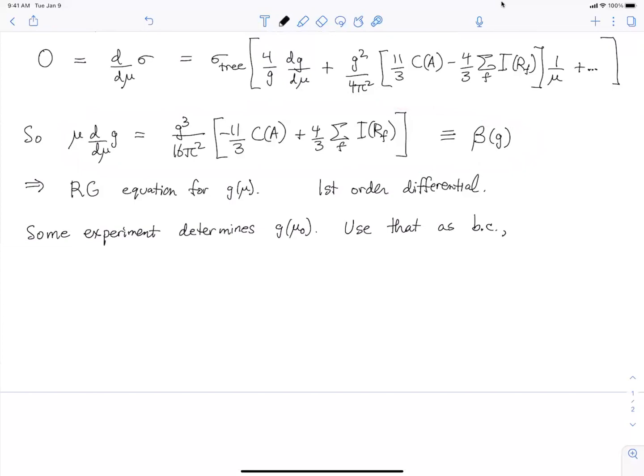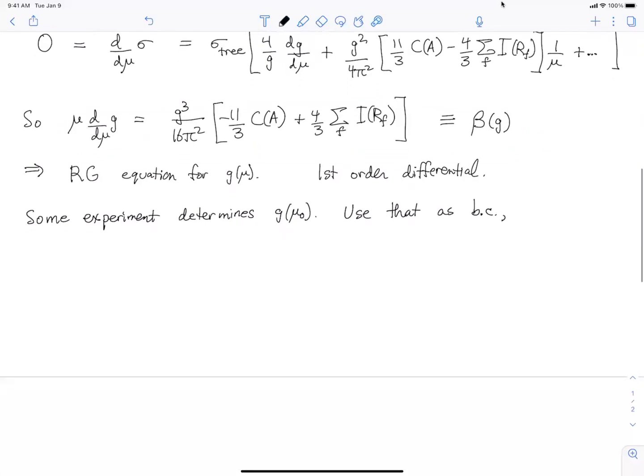So here I wrote down what you get at lowest order in perturbation theory that gives a non-zero answer, but this has been worked out in Yang-Mills theory, I think to 5-loop order, at least 4-loop order, and know for sure.